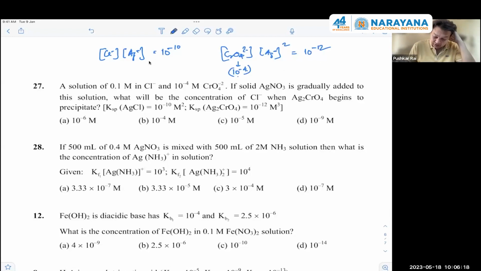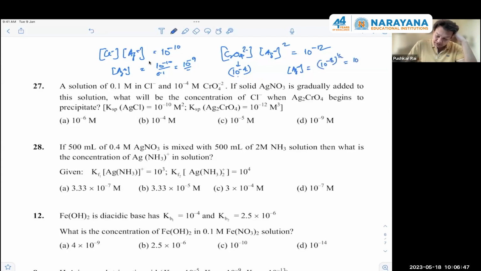First we have to find out which is going to be precipitated first. For the precipitation of AgCl, you need what? Ag plus equals 10 to the power minus 10 divided by 0.1, which is 10 to the power minus 9. Upon this concentration, AgCl will precipitate. For Ag2CrO4, you need what? The Ag plus concentration is 10 to the power minus 8.